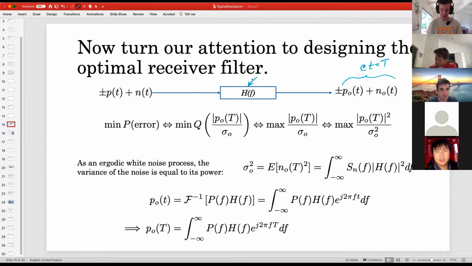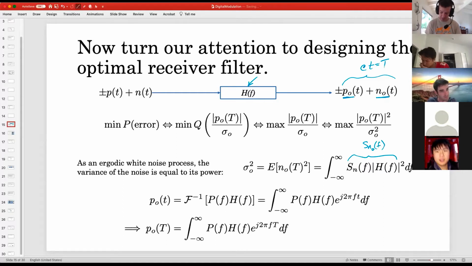Those are all pretty standard assumptions. And if you make those assumptions, we can derive the power in the noise signal, which is equivalent to its variance for zero mean and ergodic, by looking at the power spectral density of the filtered noise. Because we're modeling it as additive noise, and because we're modeling the filter as linear, we can talk about the power spectral density of this signal separate from the PSD of that signal.